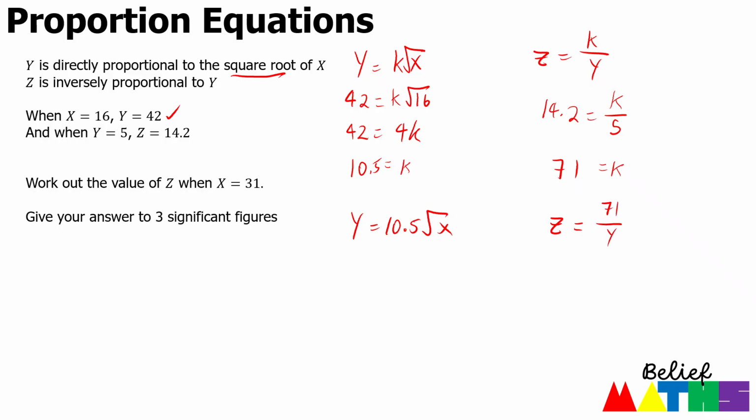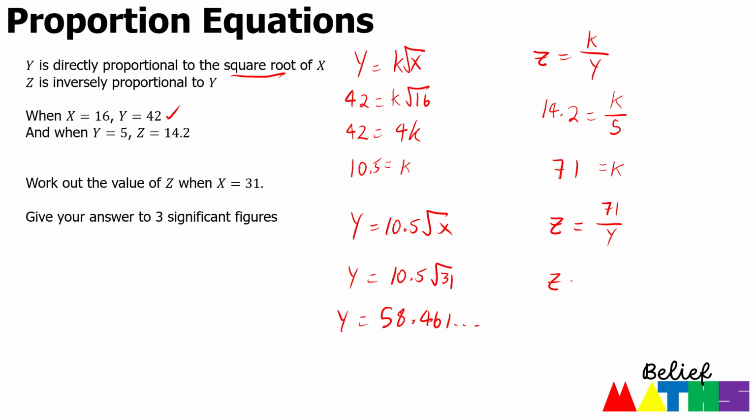Now we can do the analysis. Work out the value of z when x is 31. So we're going to say y is equal to 10.5 square root 31. Using our calculator for that, it gives us an answer of 58.461, etc. What we're going to do is keep that stored in our calculator, and we know this y value is then going to be substituted into our z formula.